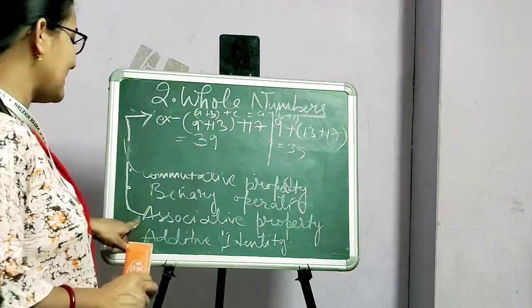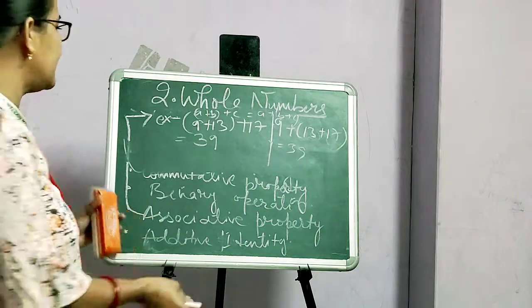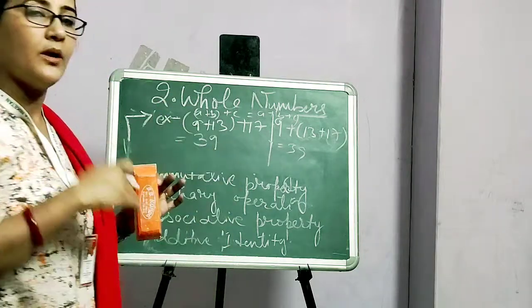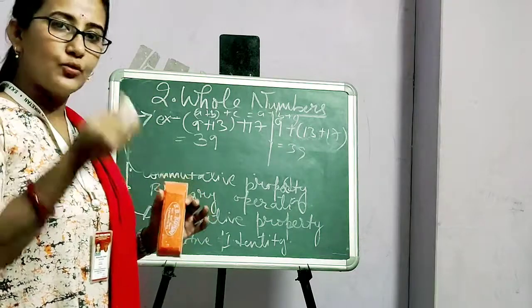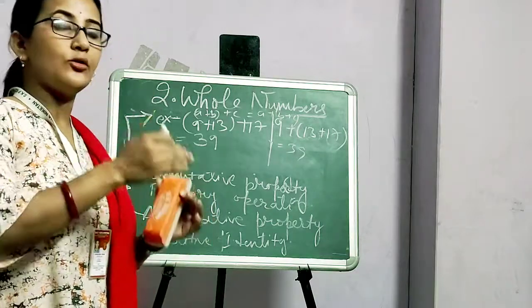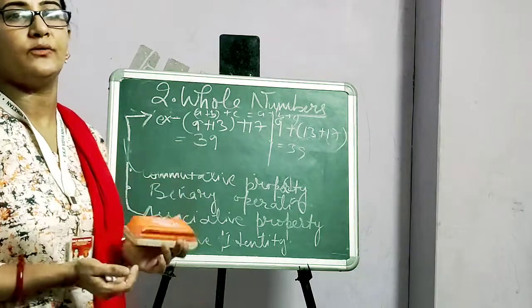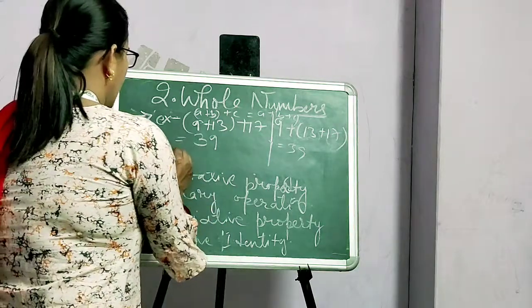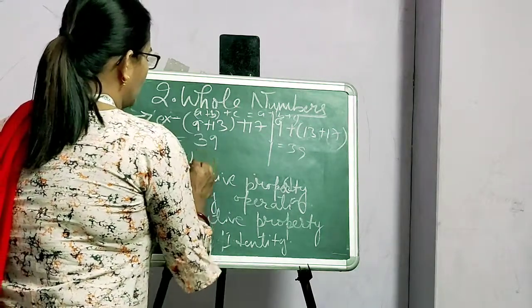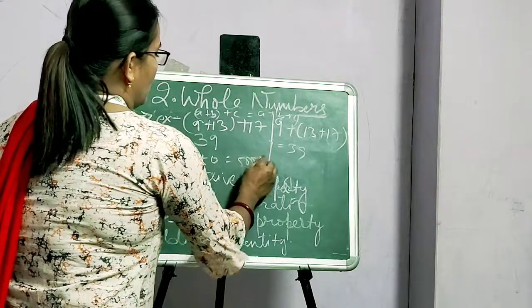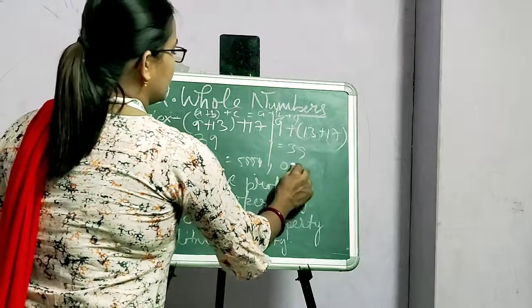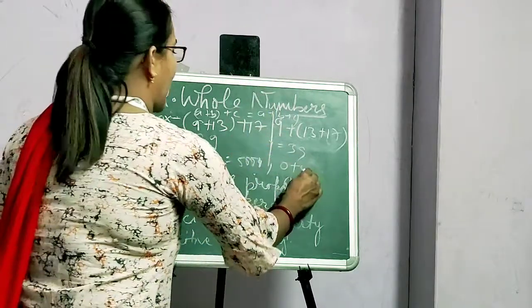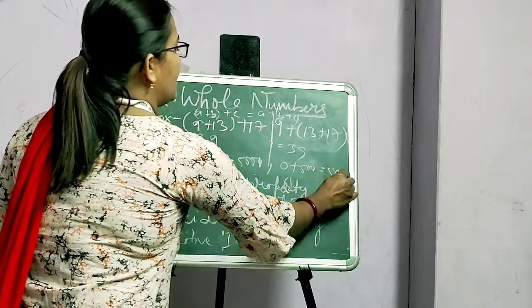Okay, now next and last is additive identity. Additive identity means whenever we add any number to 0, or 0 to any number, the answer remains the same. Whatever, 5001 plus 0 is also 5001, or simply if I add 500 with 0, it will be 500.